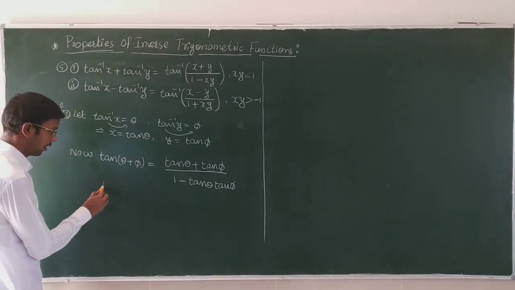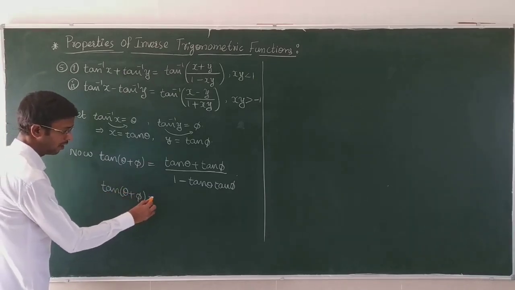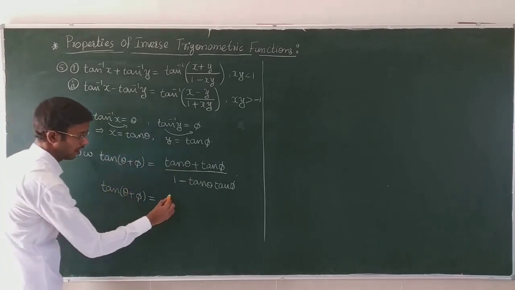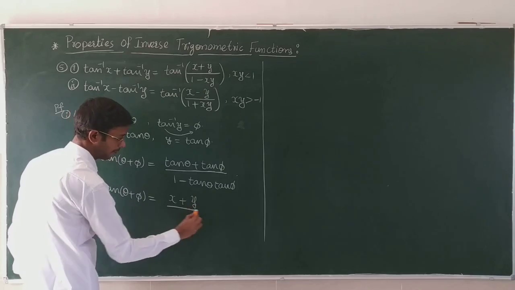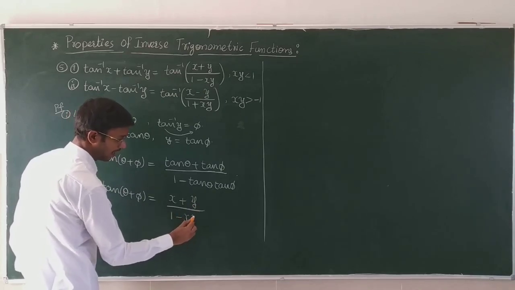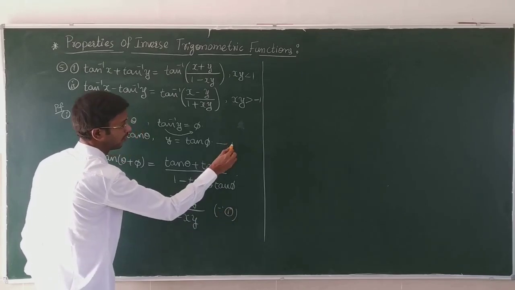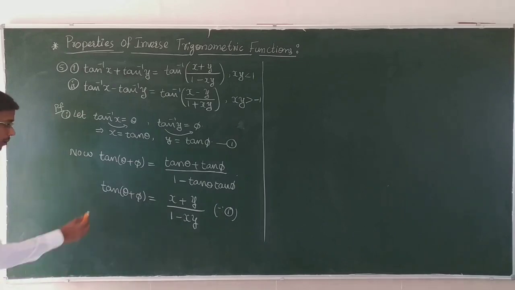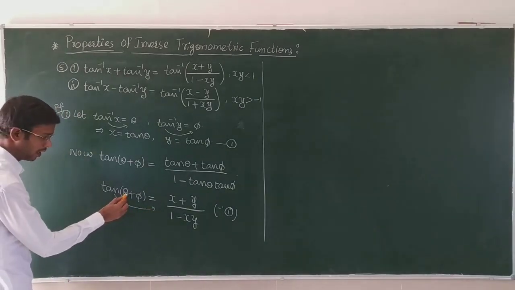Next, tan of theta plus phi is equal to tan theta, which is nothing but x, plus tan phi, which is nothing but y, by 1 minus xy, from equation 1. Now, sending tan to that side, we get theta plus phi.